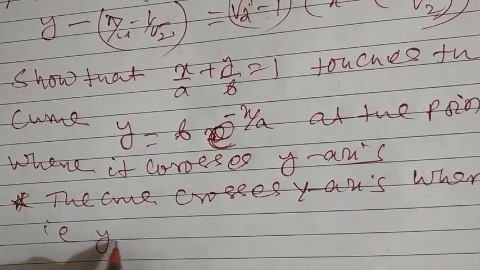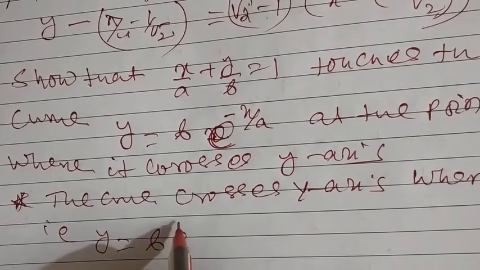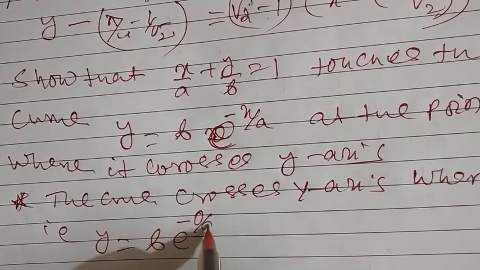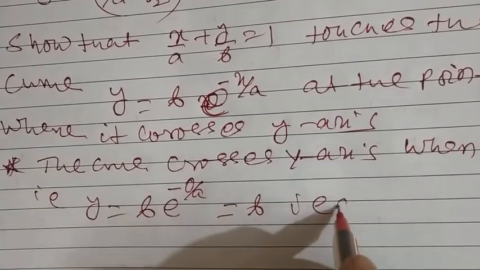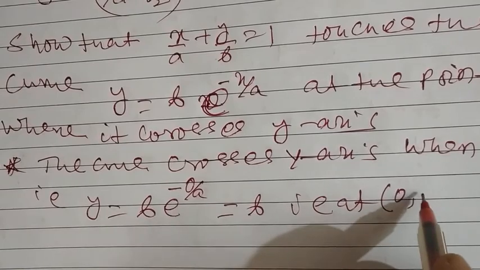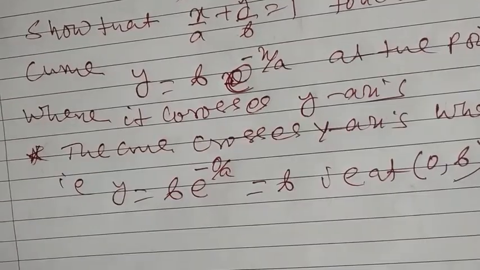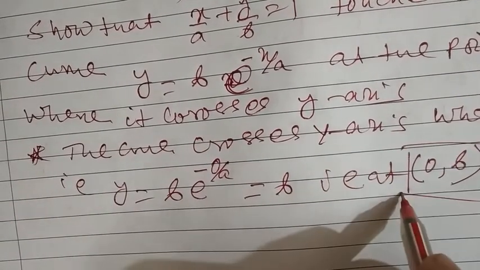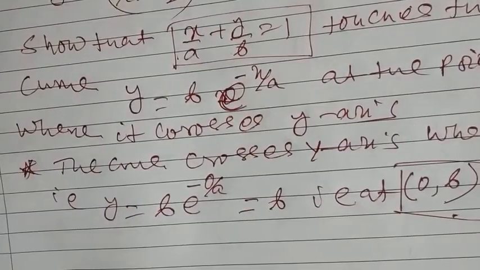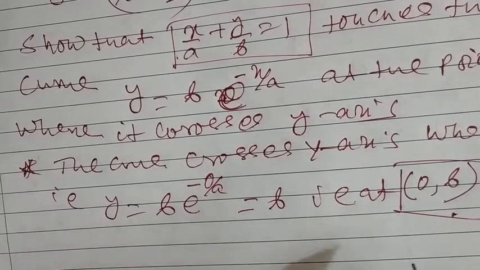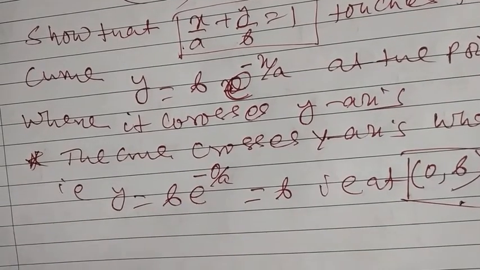That is y equal to b e to the power minus 0 by a. It is b. So that is at x is 0, y is b. Now at this point, the equation of tangent is this, we want to show. The point मिल गया. Now if I get slope of the tangent, then our work is over.